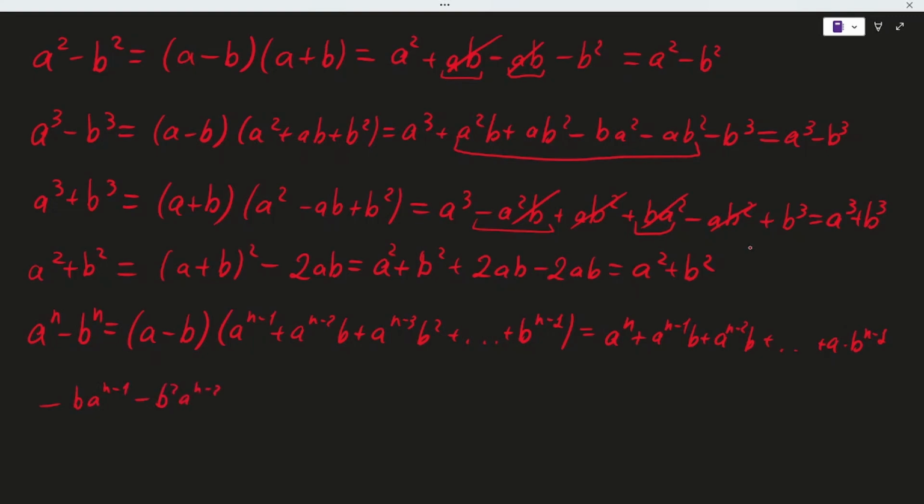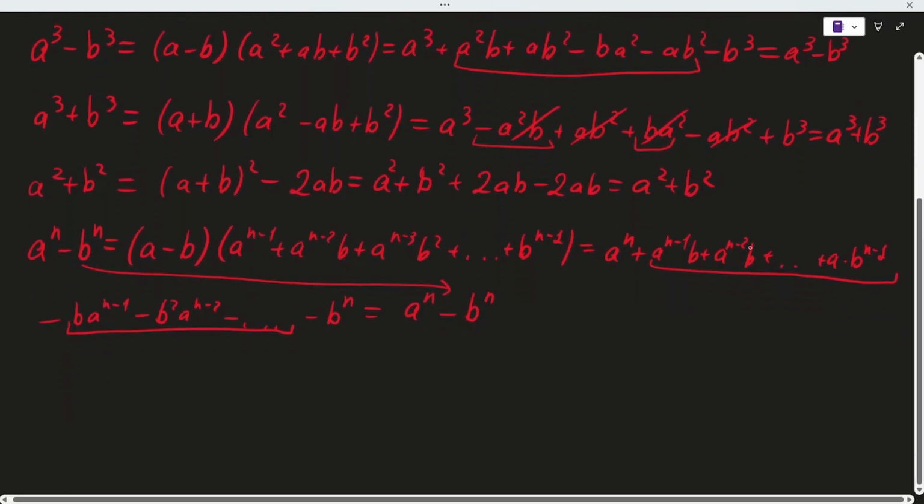And the final minus term will be −bⁿ. And here we can see that these middle terms will cancel, and only the last term and the first one will be left. So this can be rewritten as aⁿ − bⁿ, and we proved our equation.